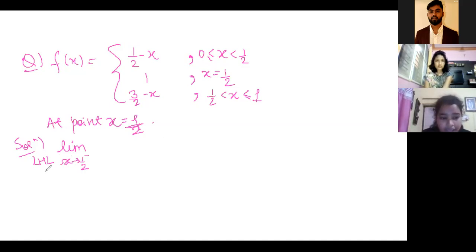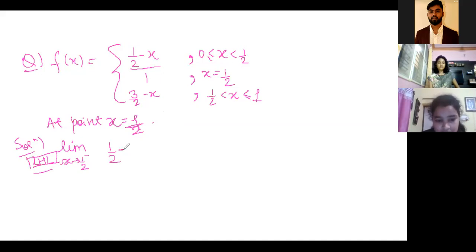Okay. Now we have to find the value of LHL, right? So limit x tends to 1 half minus, because we have to find the value of LHL over here. Now, when the value of x is less than half, the function is 1 by (2 minus x), so this particular situation applies.